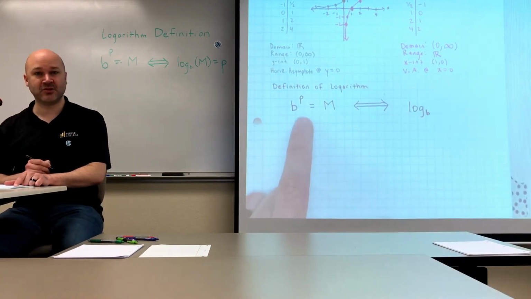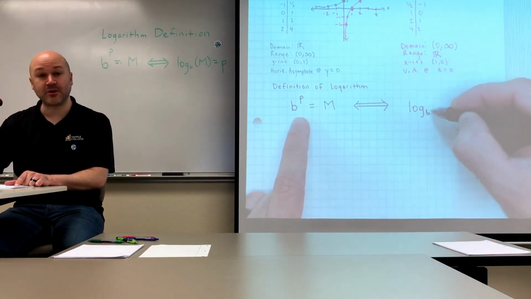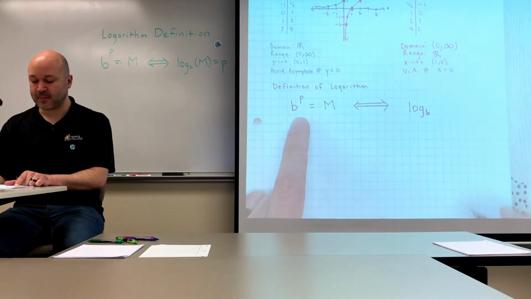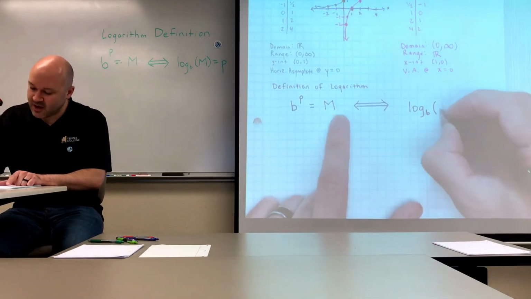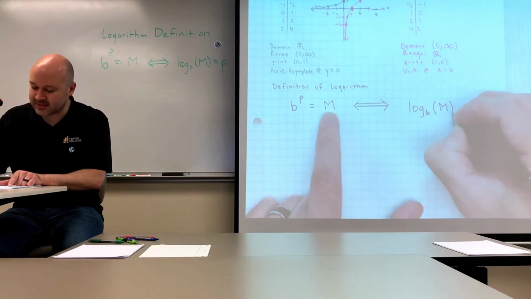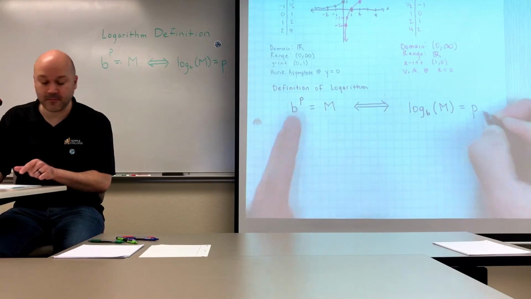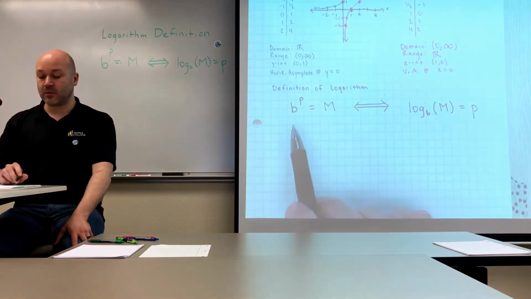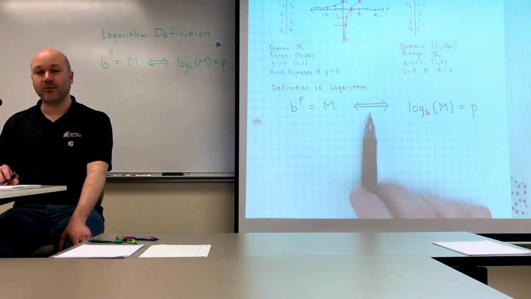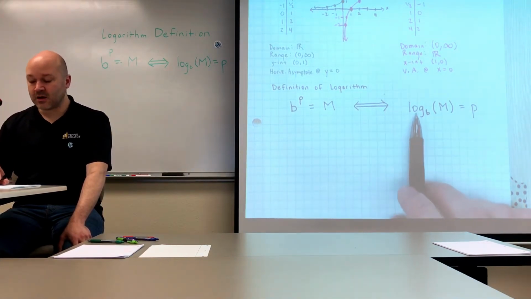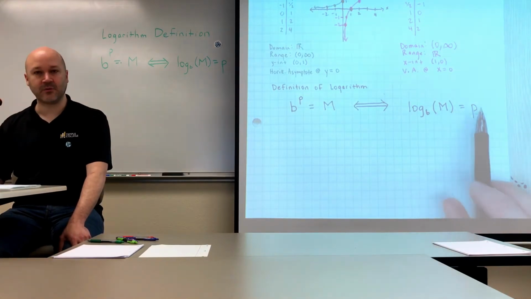Just like the exponential has a base b, the log has the same base b. It's a little subscript b. Of the other side of the equation, of m in this case, is equal to our power p. So b to the p equals m can be rewritten as log base b of m equals p.